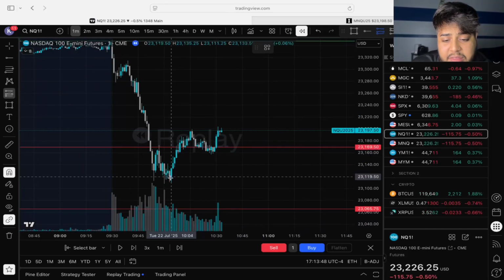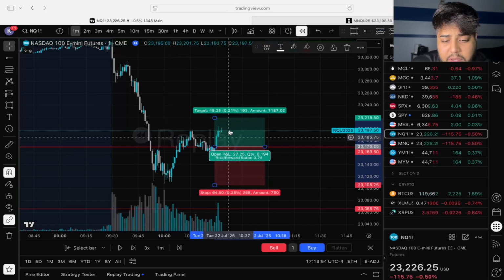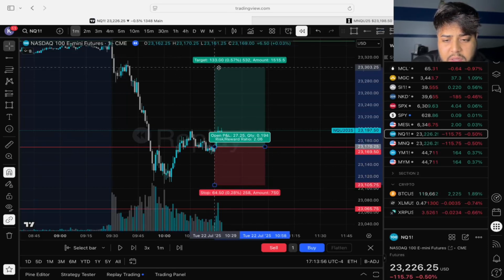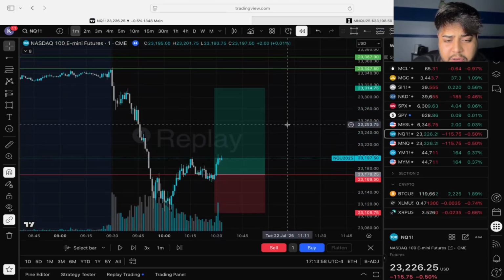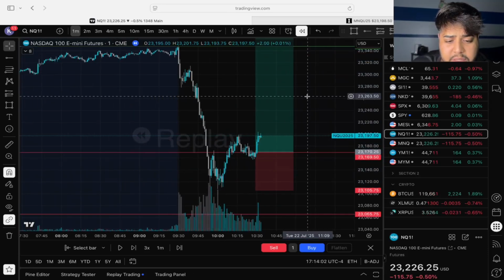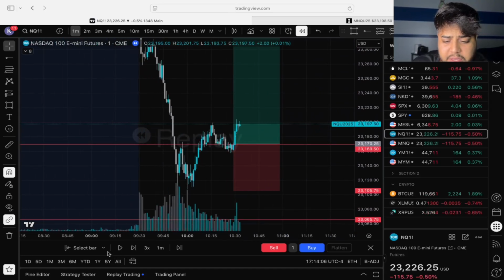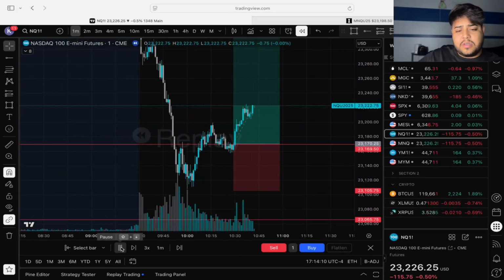And since I got down here, my average was somewhere around here. I believe I was targeting these highs, if I'm not mistaken, but there's a lot of consolidation after this move, so I think I took like maybe $400 or $500.